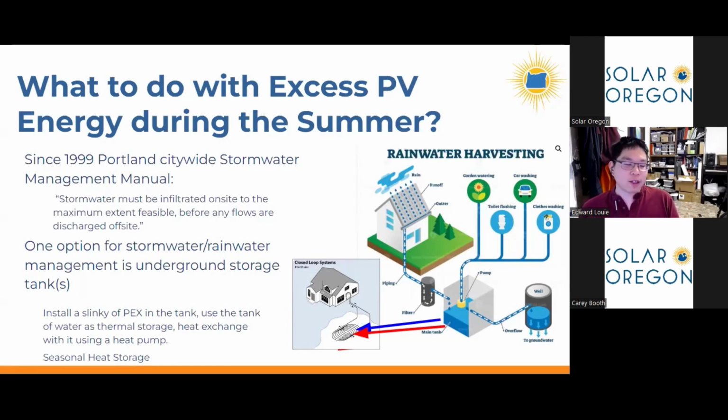And if you have excess solar generation in the summertime, then in addition to running your air conditioner, you can run your air conditioner in heat pump mode and heat this water. So we're not really sure about the feasibility and all that, but it's a concept, and we're working on doing the research. Next slide.